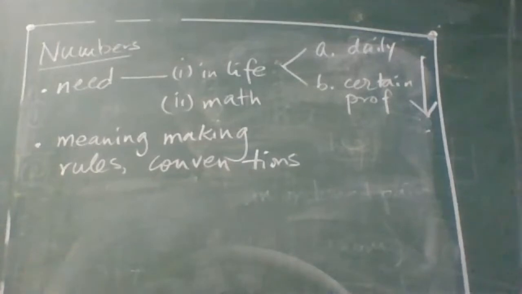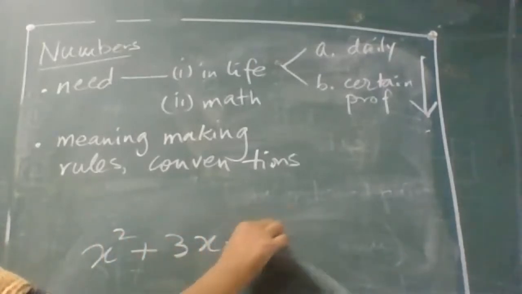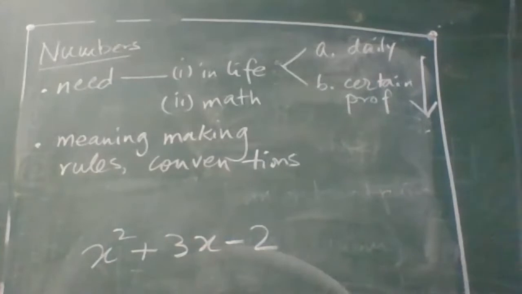Now, I haven't looked into the algebra part, but I'm fairly sure in class 6 and 7, especially in class 7, you do deal with x square plus 3x minus 2 kind of polynomials, right? For the state board.